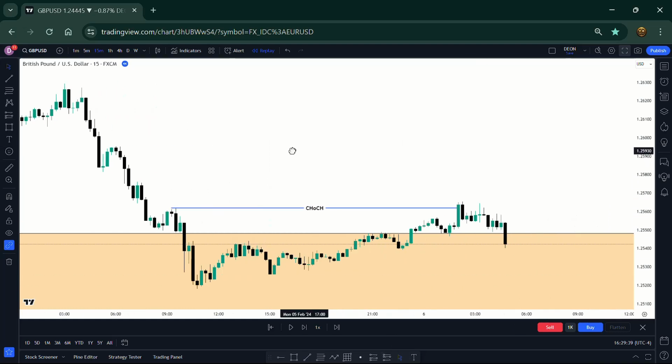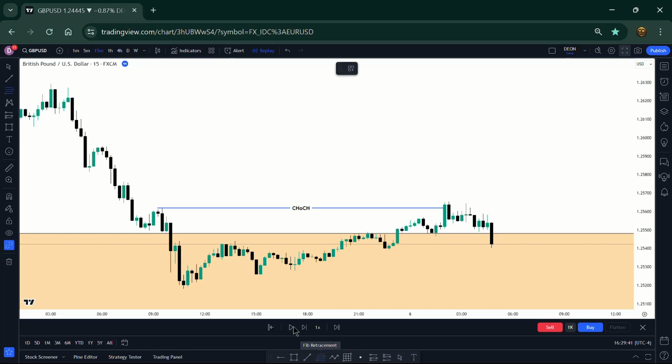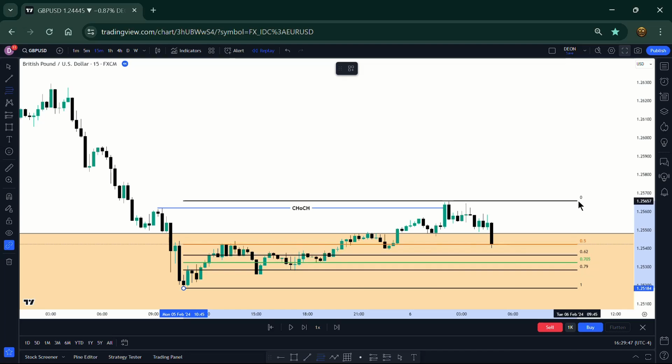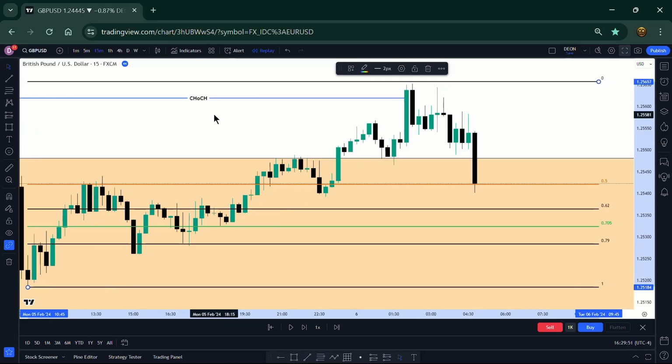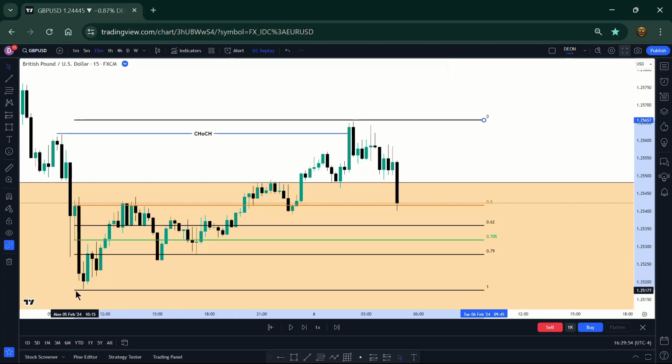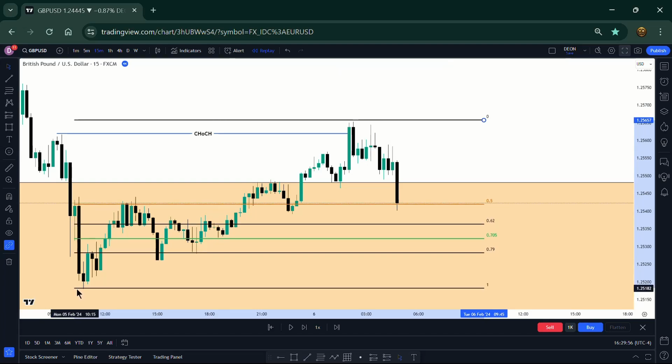Okay, so from down here I can see inducement has already been taken out, meaning from down here all the way up there. What have I done down here? Oh, okay, and then up there.